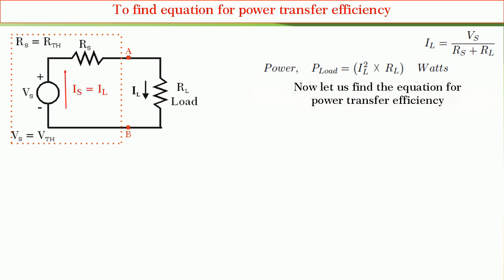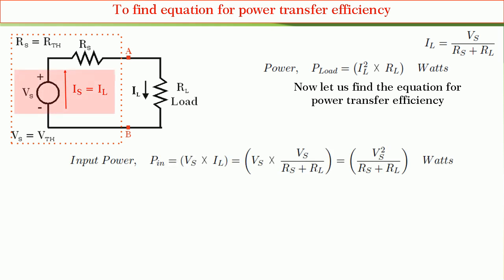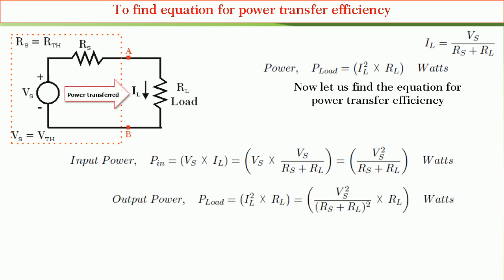We know P in is equal to Vs into Is, and by substituting the values we get power input is equal to Vs squared divided by Rs plus RL watts. But power transferred to load, say P load, is equal to IL squared into RL. By substituting the values, we get P load is equal to Vs squared divided by Rs plus RL whole square into RL.